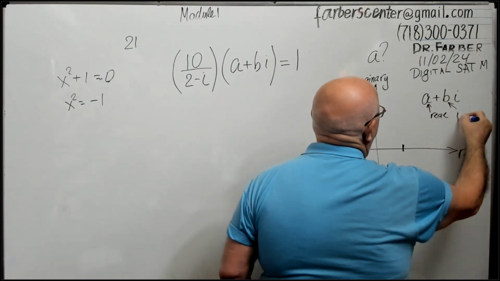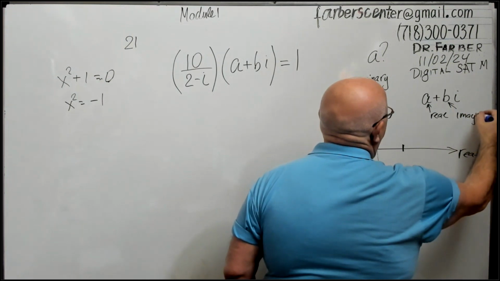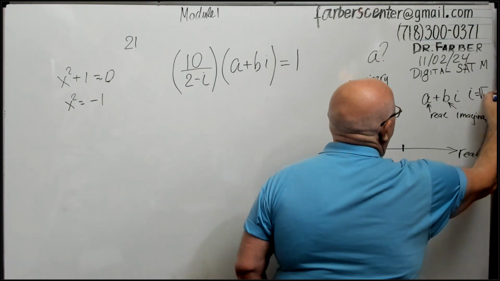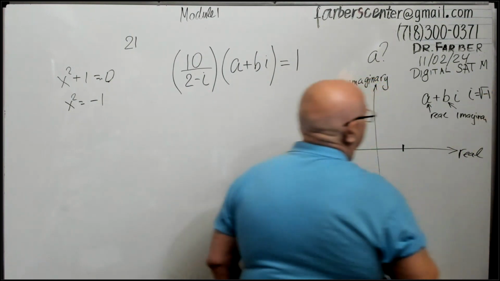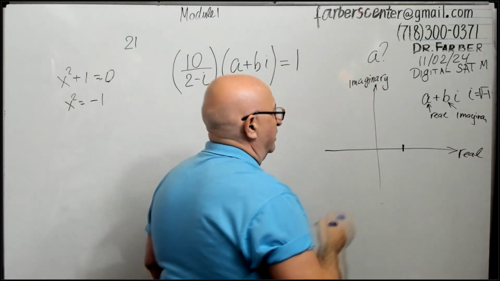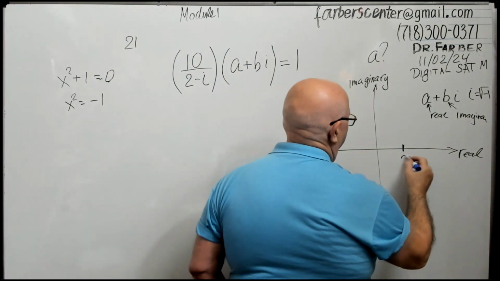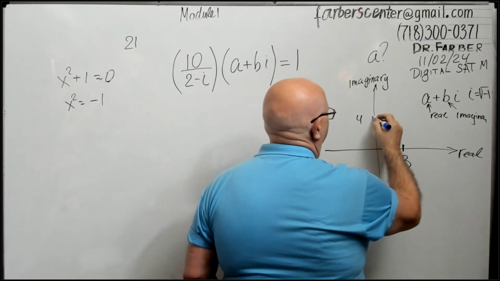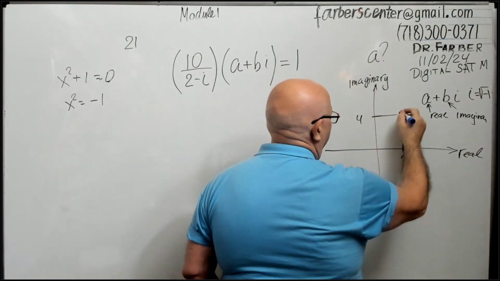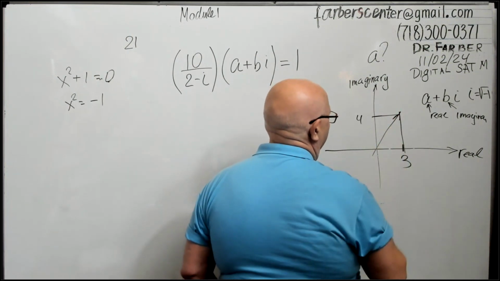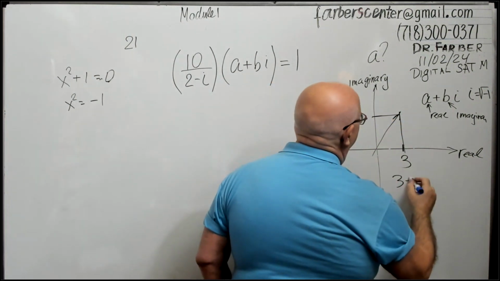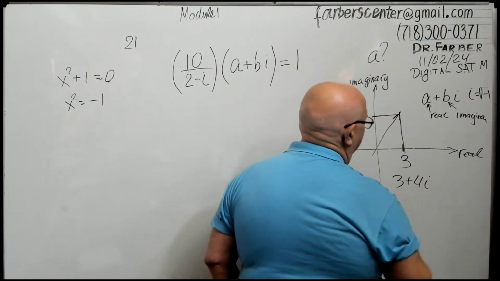This is imaginary. And i equals the square root of negative 1. Let's say a is 3 and b is 4. The number on a plane is represented like a radius vector from here. And I can represent this number like this, 3 plus 4i.